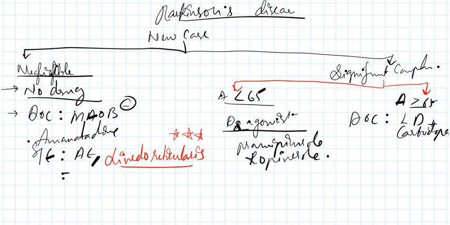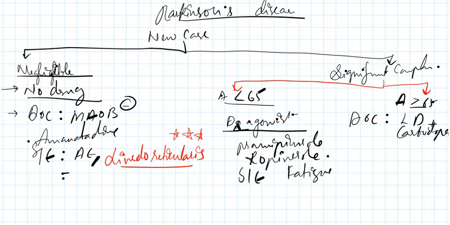Now, here we are just reading about the levodopa, but what are the side effects of pramipexole and ropinirole? I think we did not discuss them. Side effects is fatigue.